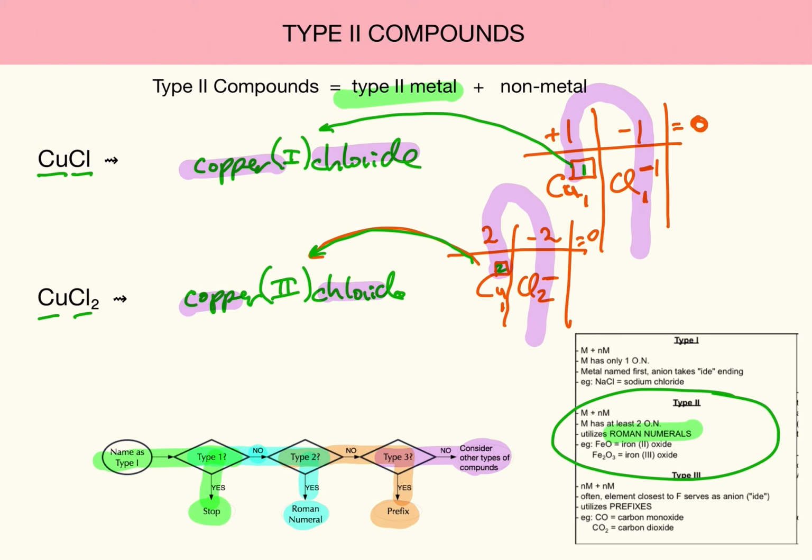I kept it and then did this around the bend thing to figure out what the charge on the metal is, and then I just wrote that in between the cation and anion as a capital Roman numeral. So remember, don't start over. If you see it's a type 2 compound, just patch up the type 1 name with a Roman numeral. Next video, we'll take a look at how to differentiate a type 1 metal from a type 2 metal. It's really not that hard.